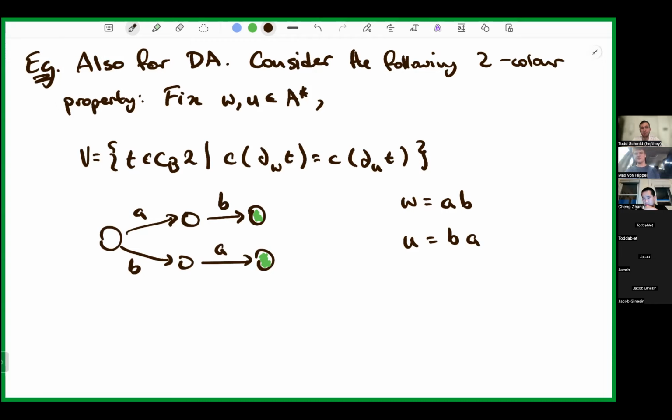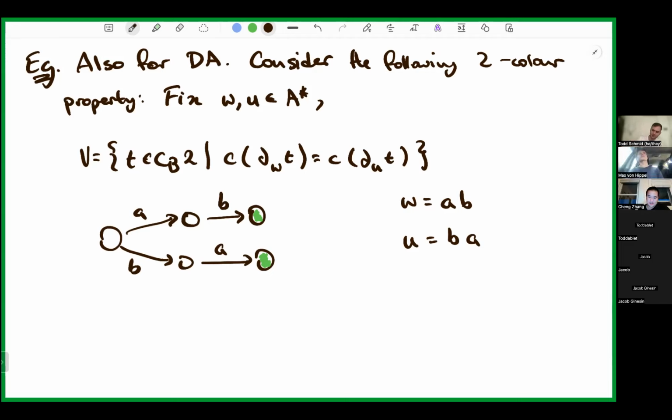I'm not sure. If it were up to bisimilarity, this is a very good guess, because if they're bisimilar, then they have the same behavior, or the same one color unravelings. Oh, so they are bisimilar up to commutativity of W and U, right?